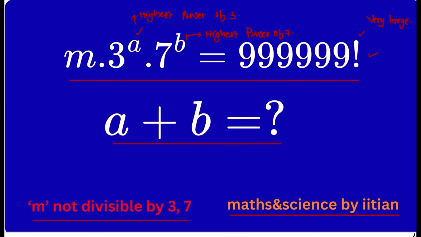We have to find out the values of the highest power of 3 and the highest power of 7, and when they are found in the form of a and b, we have to find out the value of a plus b. This can be found out by using Legendre's formula.